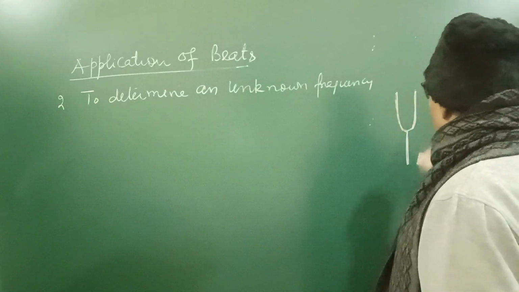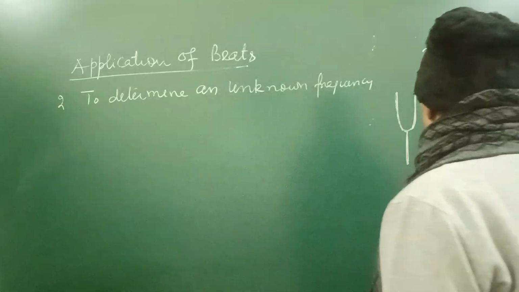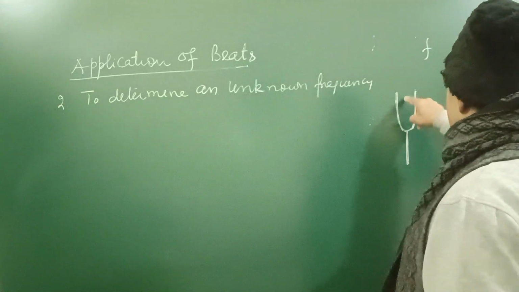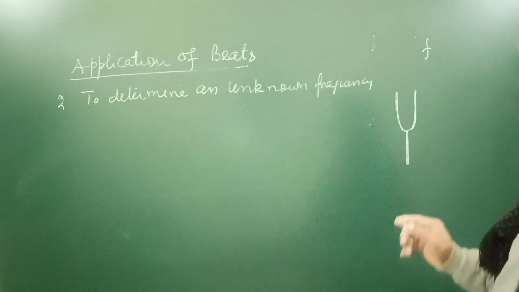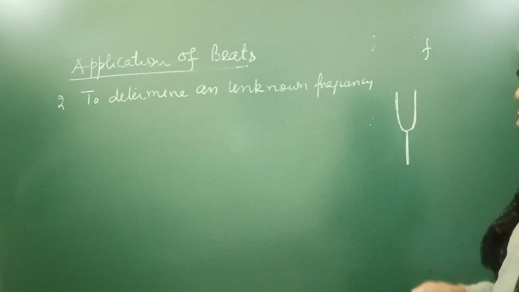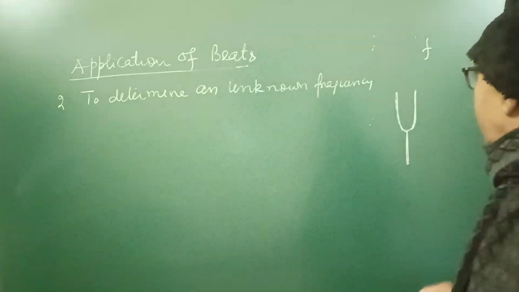The frequency of a tuning fork is directly proportional to the elasticity, and inversely proportional to the mass per unit length. The lesser the mass per unit length, the higher the frequency.